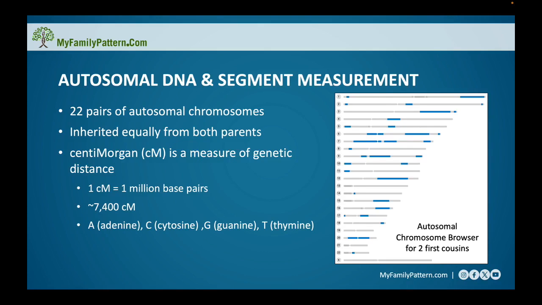And one way that we will talk about small DNA matches is through its measurement, what is called a centimorgan, abbreviated as cM. This is a measure of genetic distance, and a distance of 1 centimorgan equates to about 1 million base pairs of our DNA. And in our autosomal DNA matches on Ancestry or MyFamilyTreeDNA or any other testing website, we have about 7,400 centimorgans of data that we look to see if we share with our cousins.